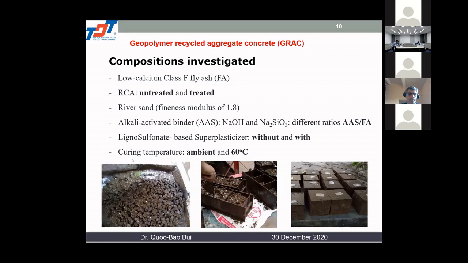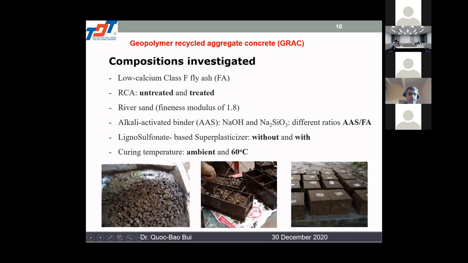And we have investigated different variables. We use the low calcium class F fly ash, and for recycled concrete aggregate, we try with untreated procedure, and we try with treated procedure.